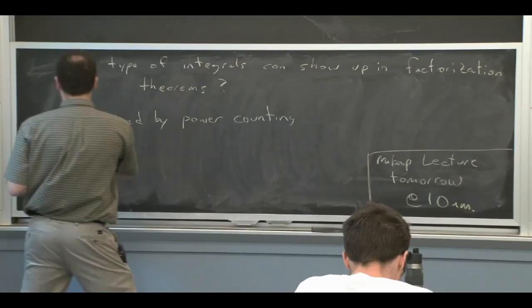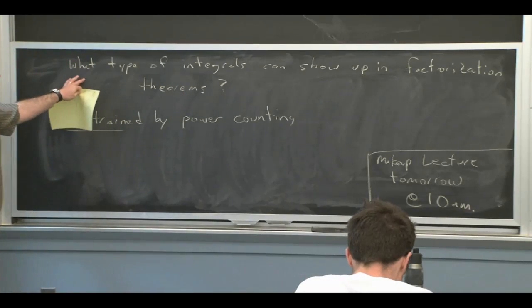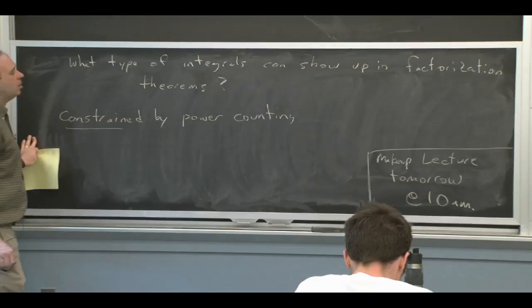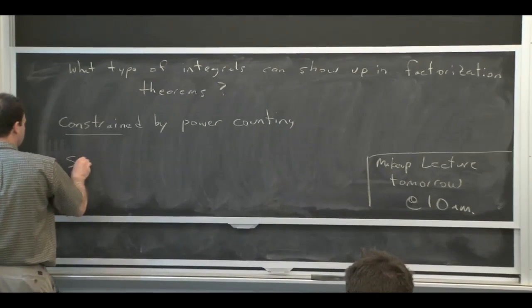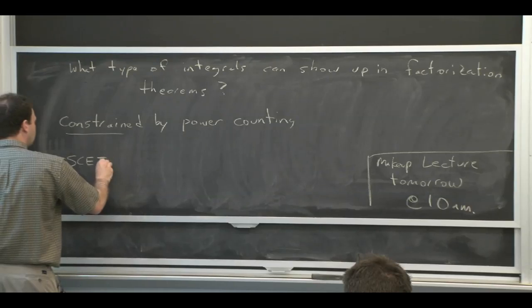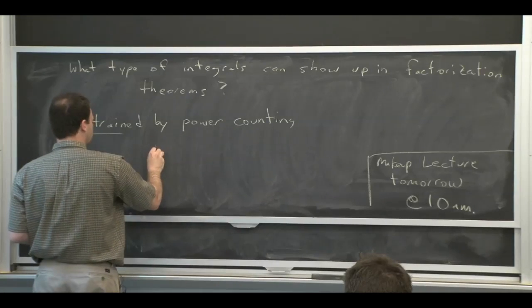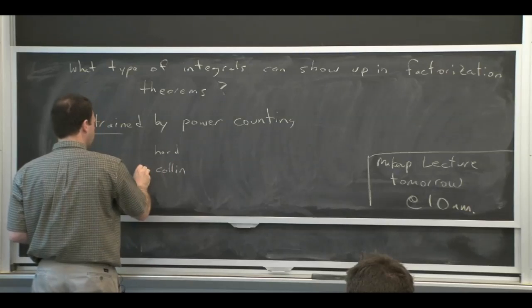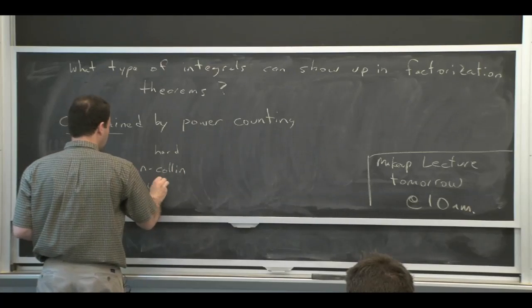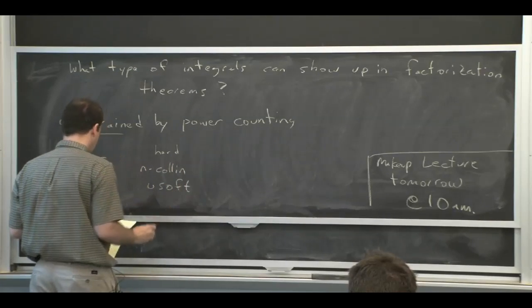OK, so in what way is it constrained by power counting? So if you think about the degrees of freedom that we had, say for SCET1, then we had hard, collinear, and soft. So let's just take a simple case with only one type of collinear, hard, collinear, and ultrasoft.